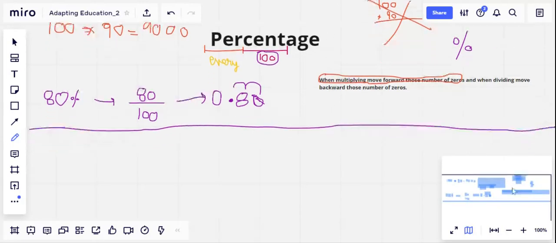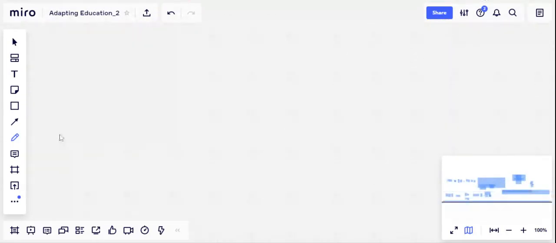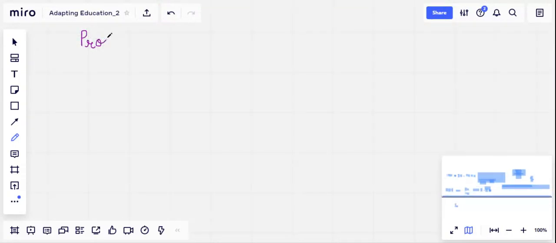Now let us move on to profit and loss. Here we have two terms. The first one is profit, and the second one is loss.